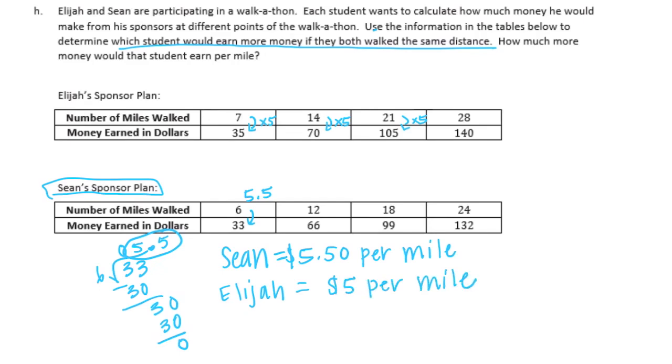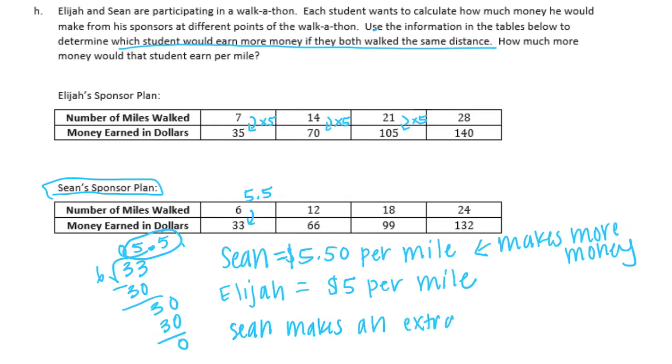So Sean is going to end up making more money. How much more? So the difference between $5 and $5.50 per mile would be, Sean makes an extra 50 cents per mile.